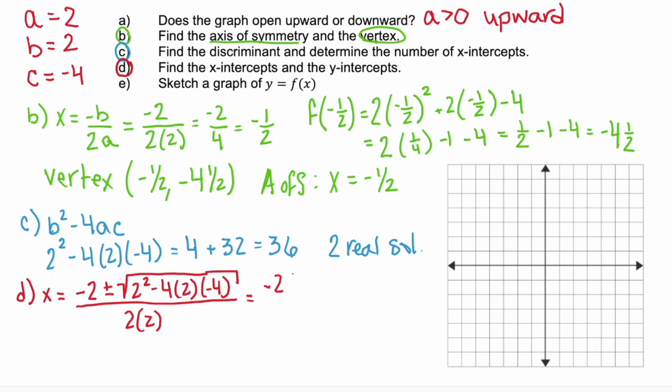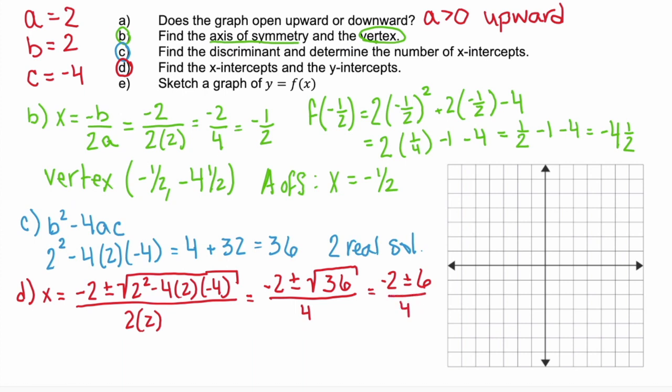Well, that's -2 plus or minus, and we already know the radicand because that's our discriminant, which is the square root of 36 over 2 times 2, which is 4. We can take the square root of 36: negative 2 plus or minus 6 over 4.